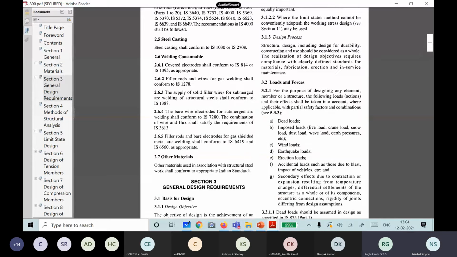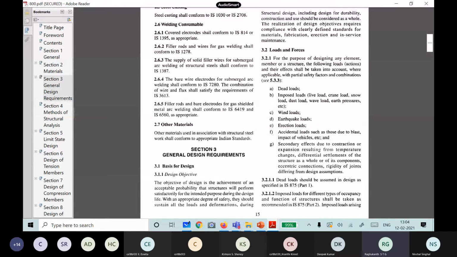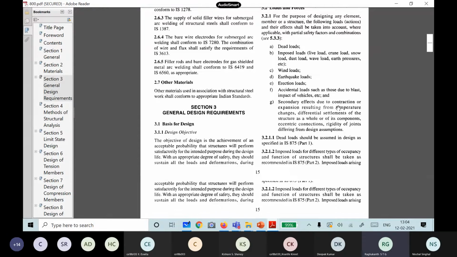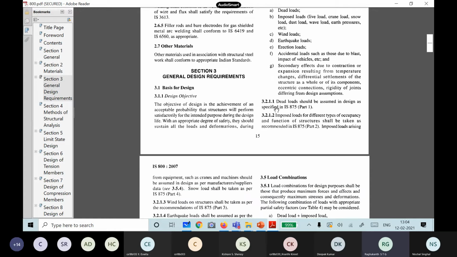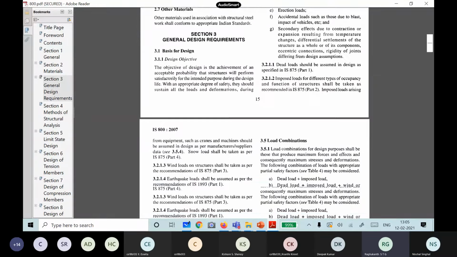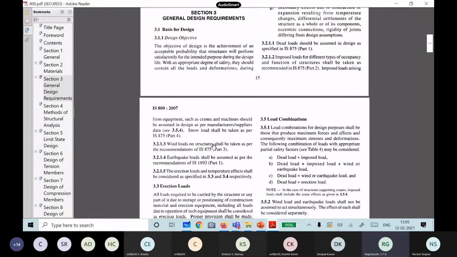These are the loads which you have to use: dead load, imposed load, wind load, earthquake load, erection loads, accidental loads, then secondary effects such as temperature and differential settlements. Dead loads should be calculated from IS 875 Part 1. The imposed load should be taken from IS 875 Part 2. Like this, snow load, then wind load from IS 875 Part 3, and earthquake load you have to take from IS 1893 Part 1.